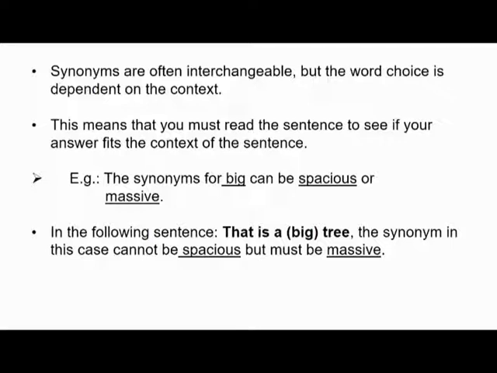Synonyms are often interchangeable, but the word choice is dependent on the context. So read and understand the sentence before you will know the right synonym. It means that you must read the sentence to see if your answer fits the context. For example, the synonym for big can be spacious, massive, or enormous. In the sentence 'that is a big tree', the synonym in this case cannot be spacious, but it must be massive.